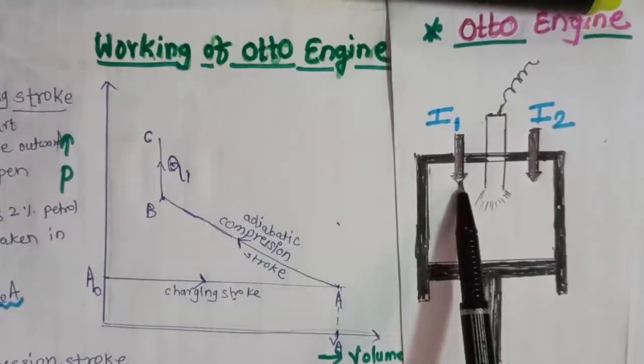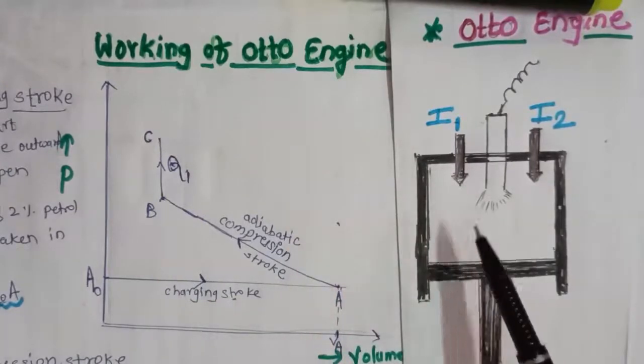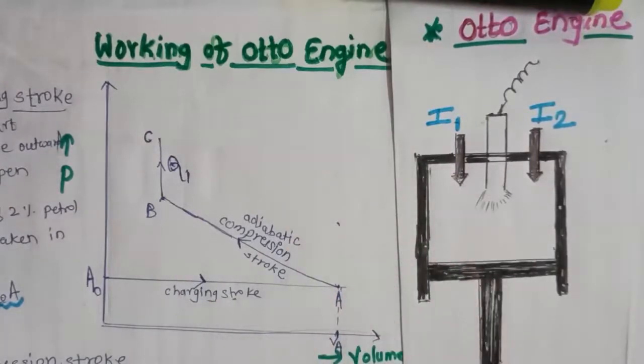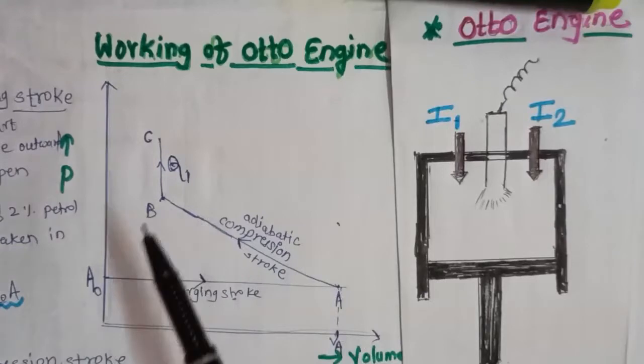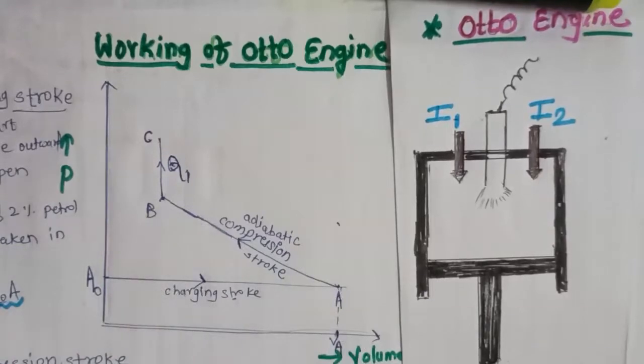I1 gets closed, the piston moves inward up to 1/8 of the original volume, so the volume decreases from VA to VB. The mixture of fuel and air gets compressed. Due to the compression, temperature increases up to ignition temperature. This change is represented by curve AB.